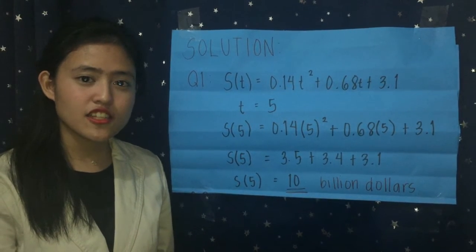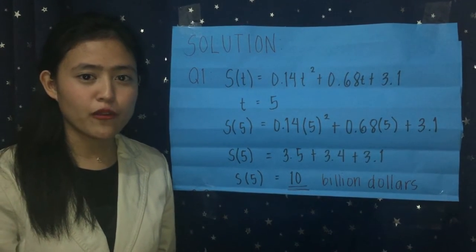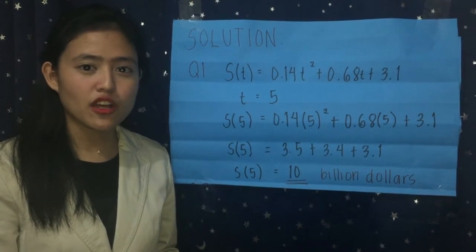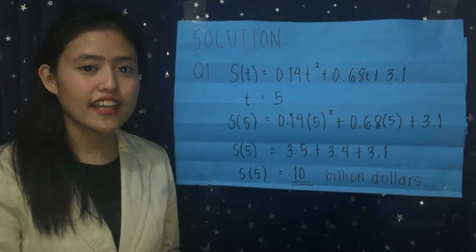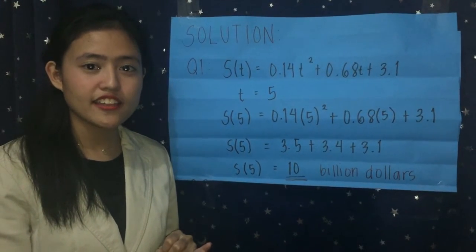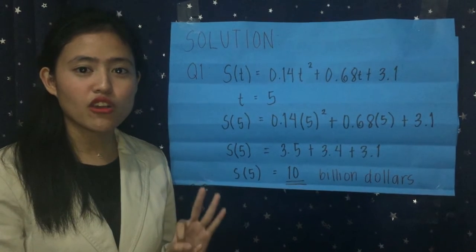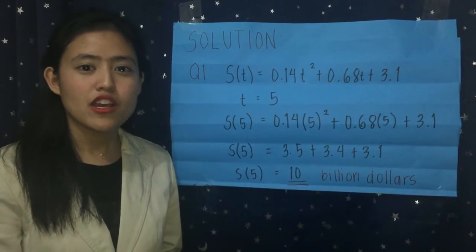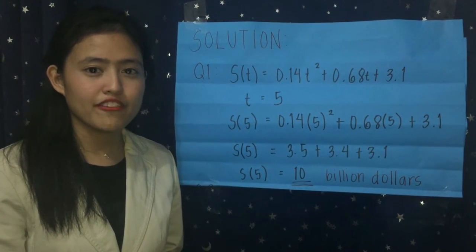To get the sales, we should first know the value for our t. We can get the value of our t by subtracting 1997 from 2002, or we can count starting from 1998, 1999, 2000, 2001, and 2002, and that will be 5. So our value of t will be 5.